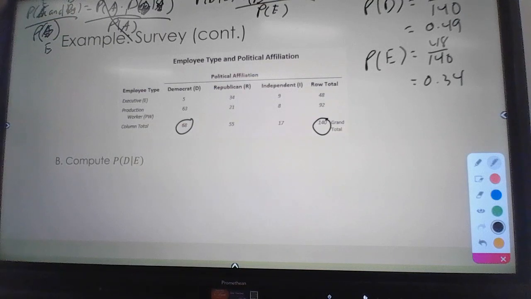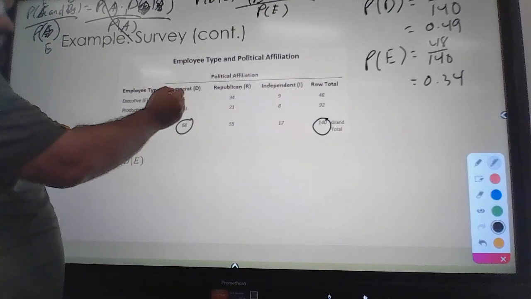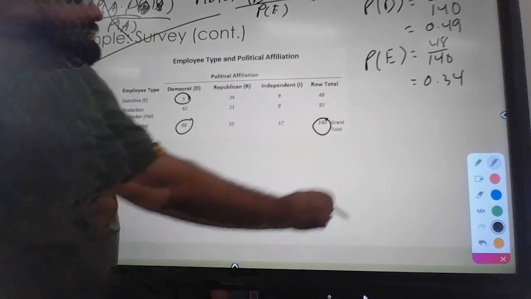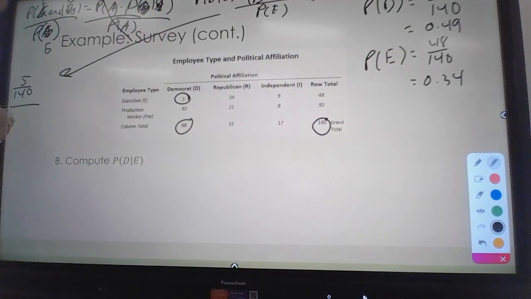If I want to find the probability that someone is a Democrat and an executive, how many of them is that? Here are the Democrats that are executives. That's 5. So that's 5 out of 140, divided by just the probability that I have an executive, which I already calculated earlier, 48 out of 140.